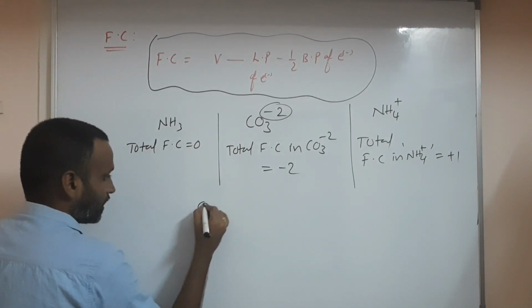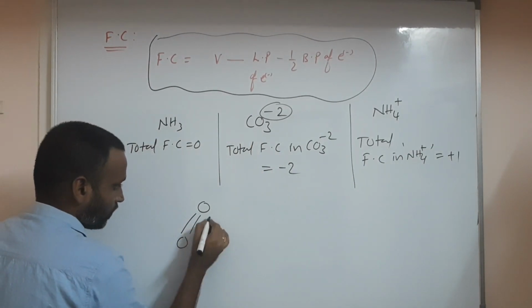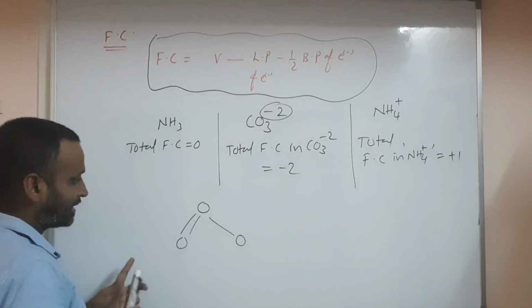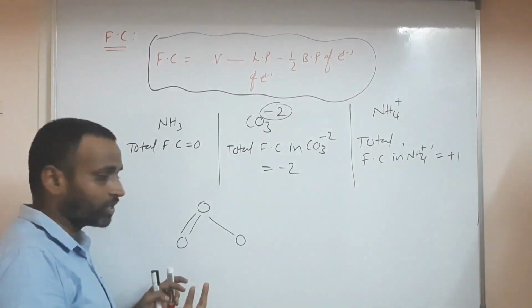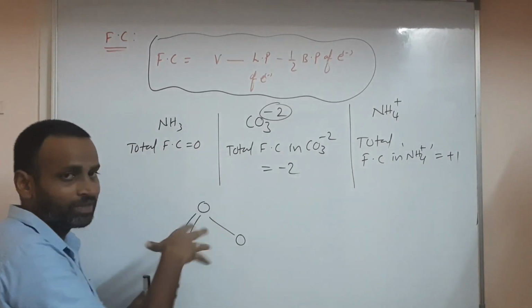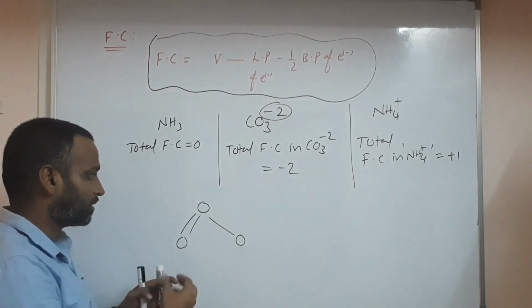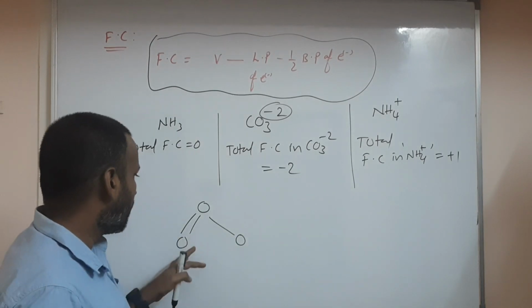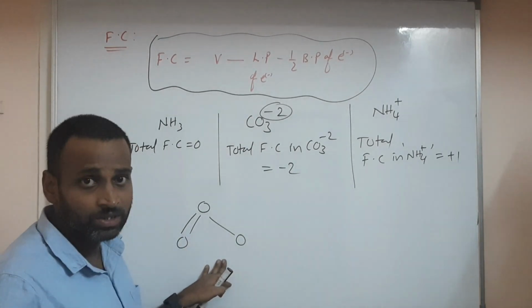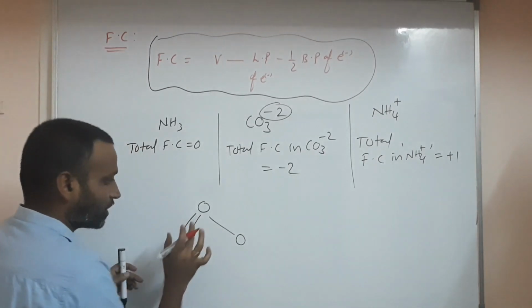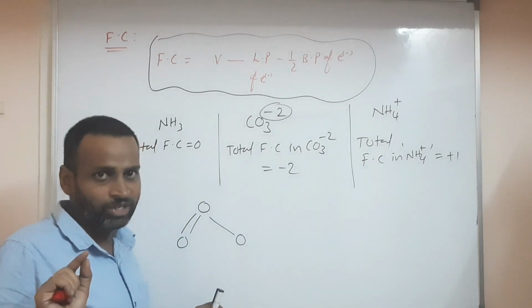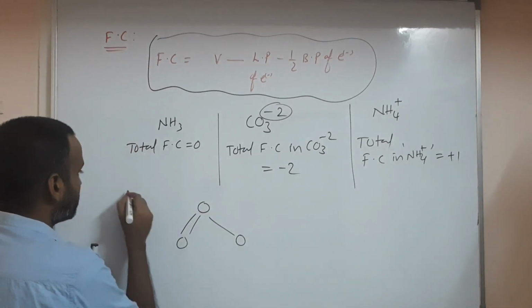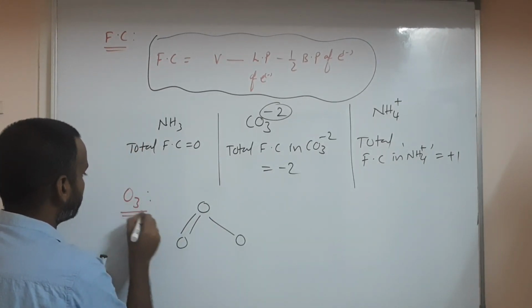And if you see ozone, O double bond O and single bond O: remember, oxygen should have an octet when you draw the Lewis dot structure. Due to time I cannot explain the Lewis dot structures, so please practice them. You have to give an octet to every atom, and the central atom will be the less electronegative atom. But here all three are oxygens in ozone, O3.